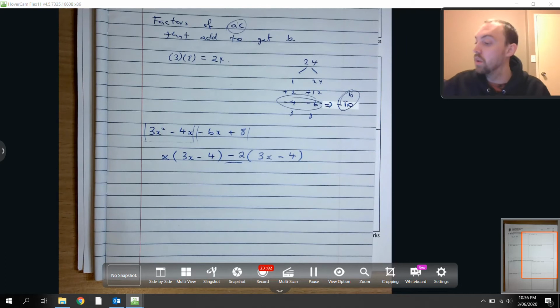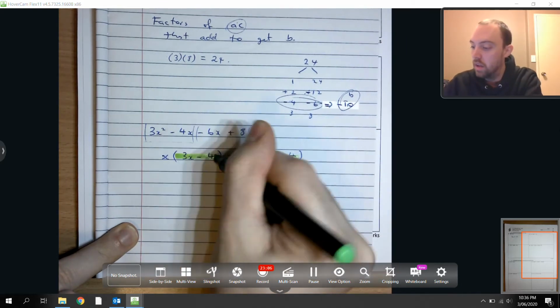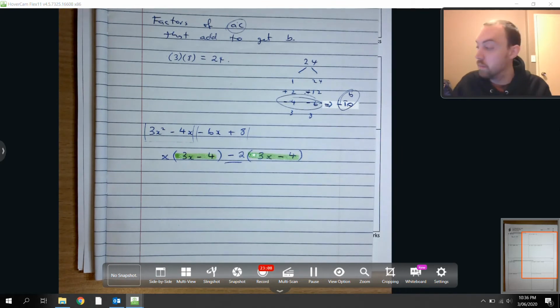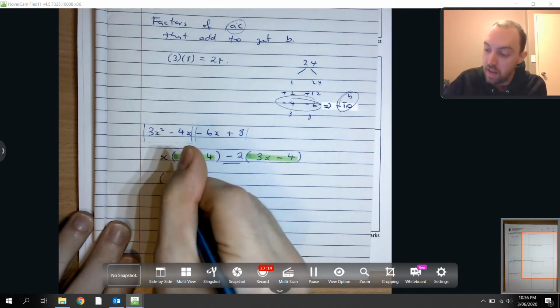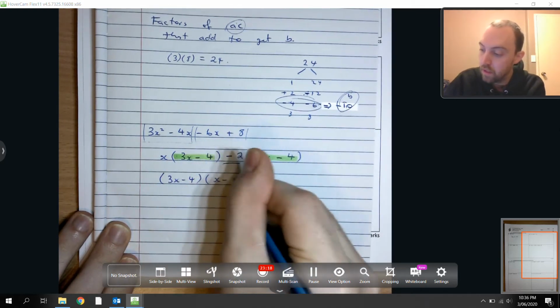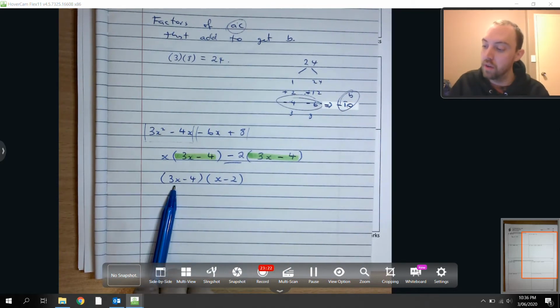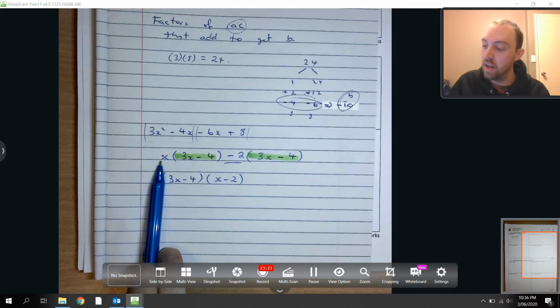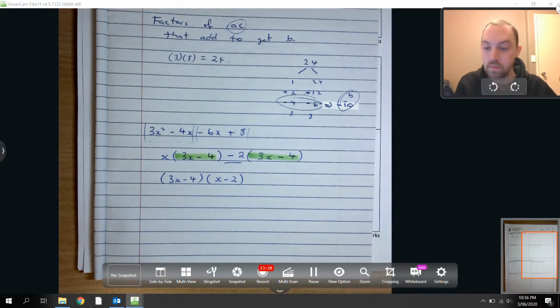Now, you might recognize that those two terms, or that bracket, is the same for both of these. So I can actually bring that out as a common factor. Bring the 3x take 4 out the front, leaving just x and negative 2 left.